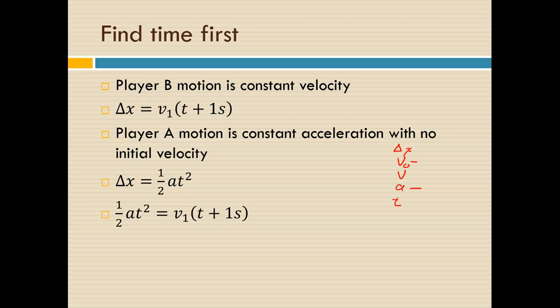Let me distribute the v. Let me get rid of the 1/2 by multiplying both sides by 2 and distribute the v1 to what's inside the parentheses, yes? If we do that, we get the expression at squared equals 2v1t plus 2v1 times 1 second.